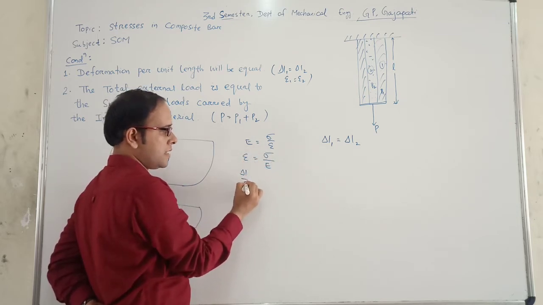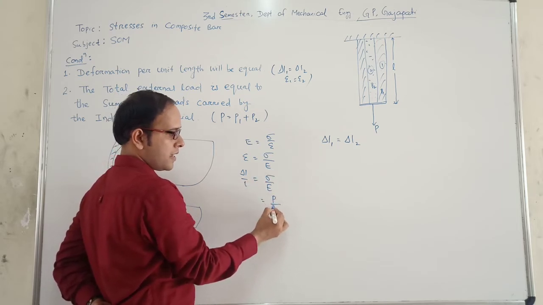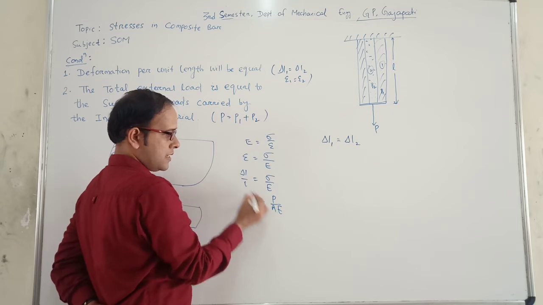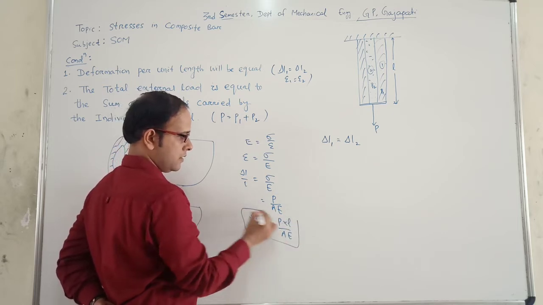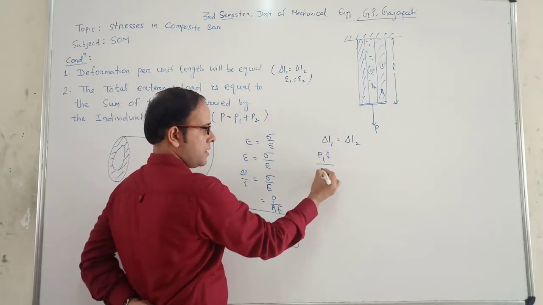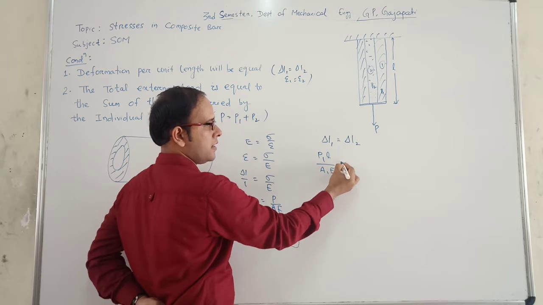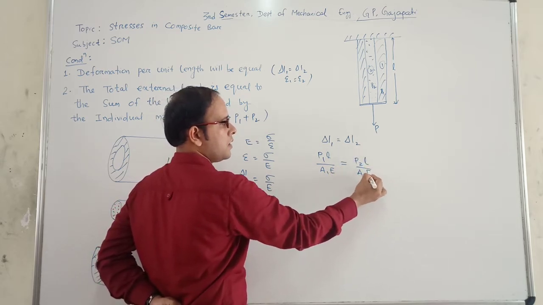This is delta L by L, sigma by E. Again sigma is nothing but P by A. So delta L will be PL by AE. So delta L1 is P1 L by A1 E1, equal to P2 L by A2 E2.